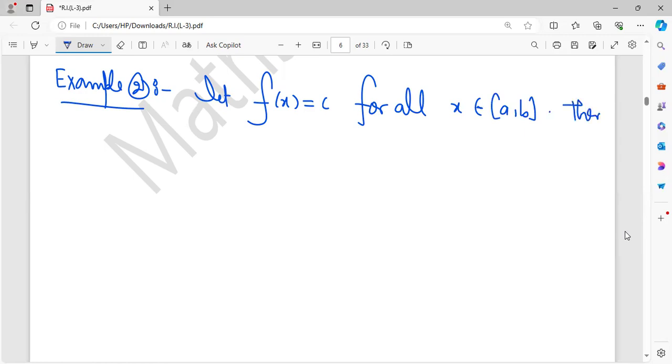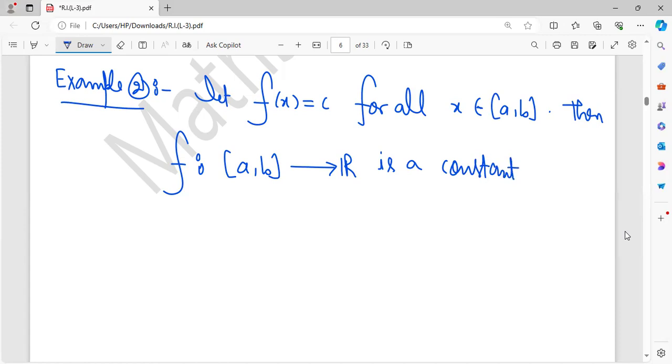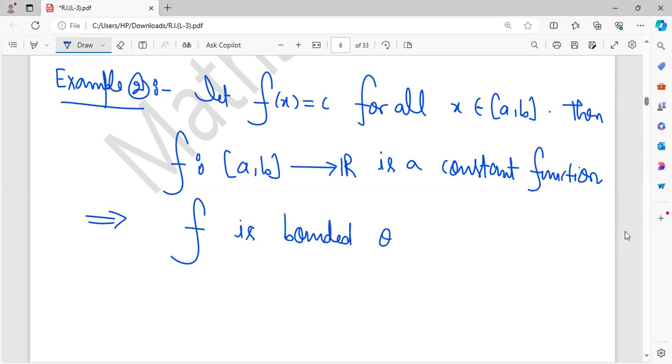Then f from the closed interval [a, b] to R is a constant function. So this implies f is bounded, because a constant function takes only one value, so it is bounded by this c. So f is a bounded function on the closed interval [a, b].